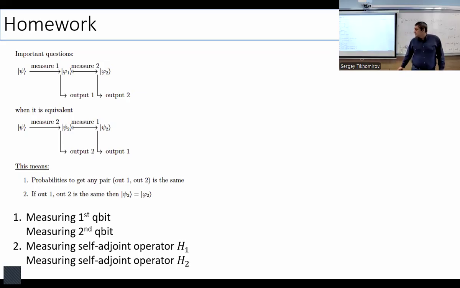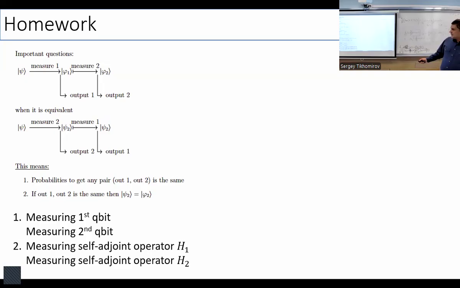So the question is when we can change the order. The first problem is measuring the first qubit and measuring the second qubit. I already told you that they are equivalent, but I will ask you to look at a two-qubit system, calculate, and realize that it is really like this.